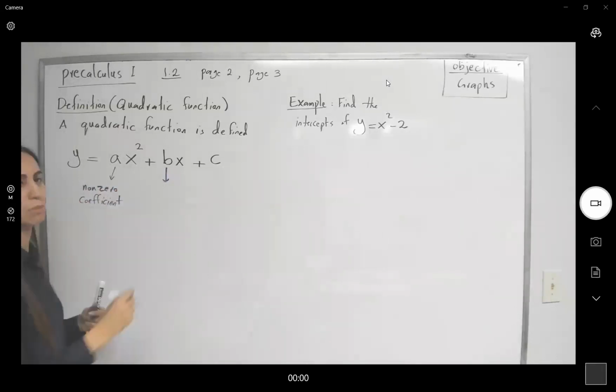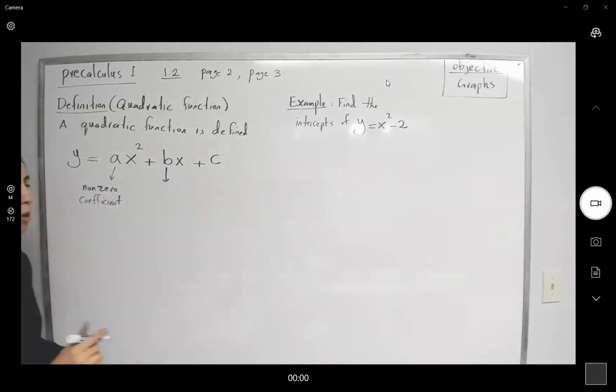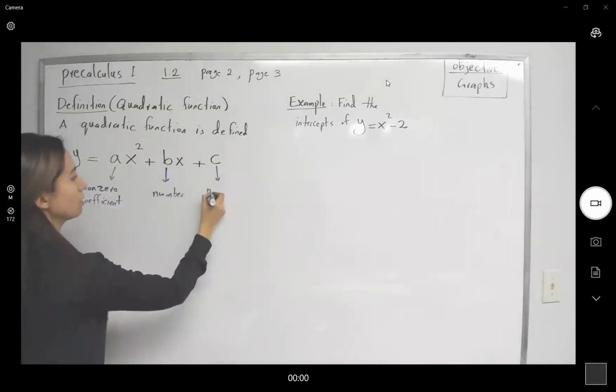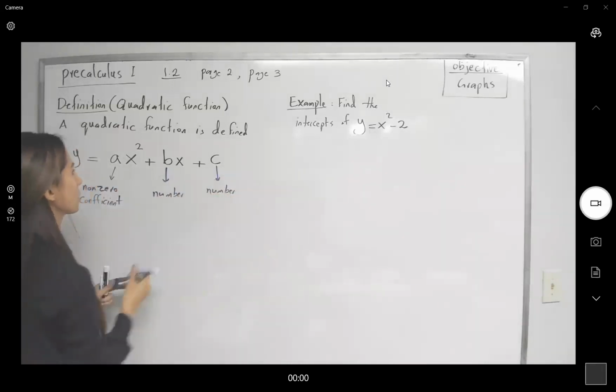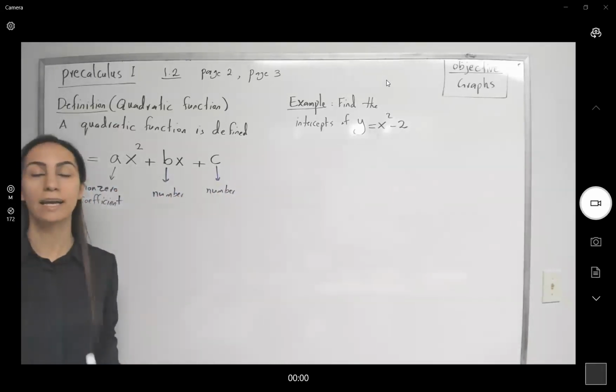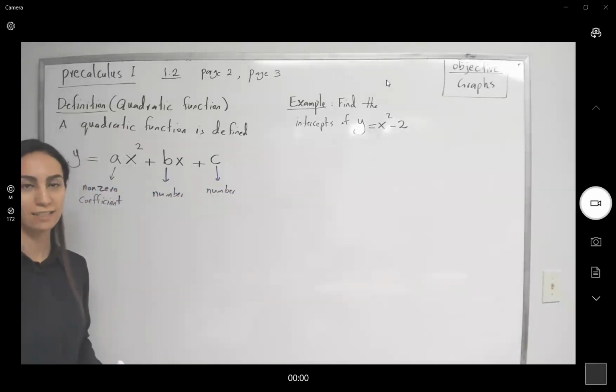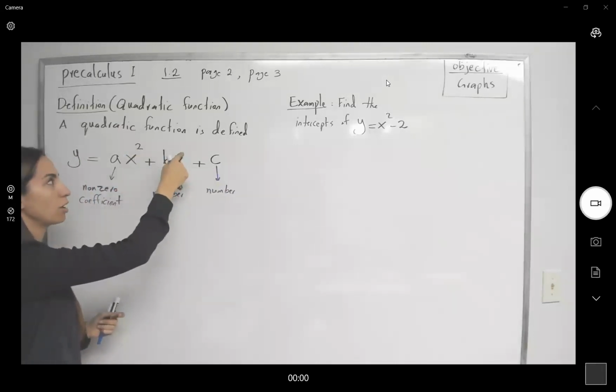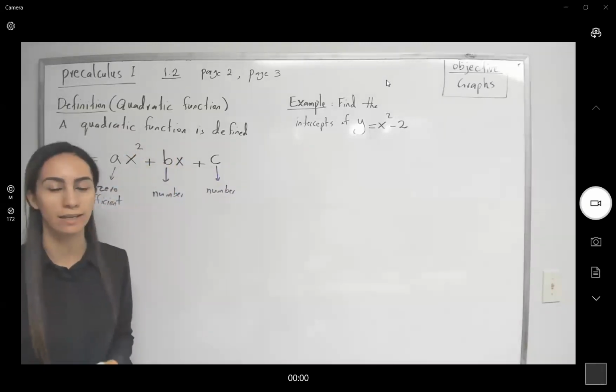B can be any coefficient, can be any number. It's just a number. And c as well, it can be any number. The highest exponent for x here is 2. Between 2 and 1, we say that, hey, 2 is the highest exponent.